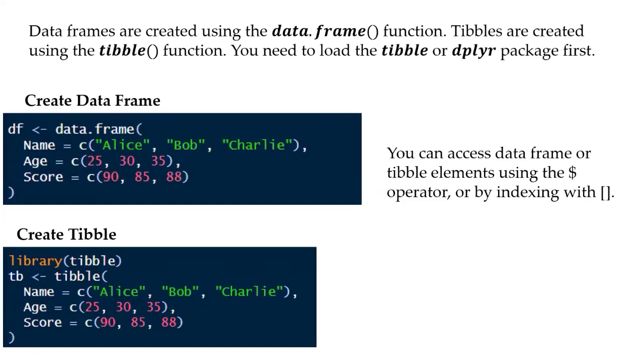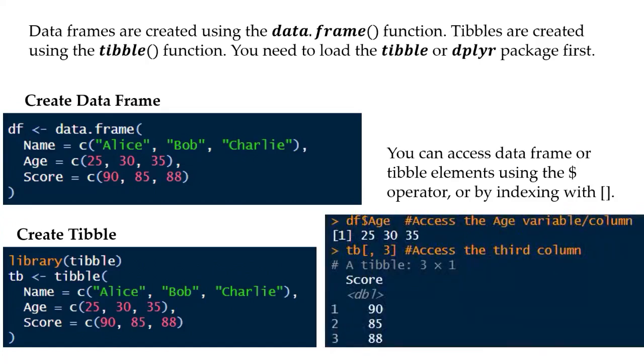So for the tibble, the same thing, use the tibble function. The same way that you create a data frame is the same way that you create a tibble. As I was saying previously, you can access data frame or tibble elements using the dollar operator or by indexing with square brackets. You saw that in a list, I was using 2 square brackets, but in the data frame, I am using only 1 square bracket.